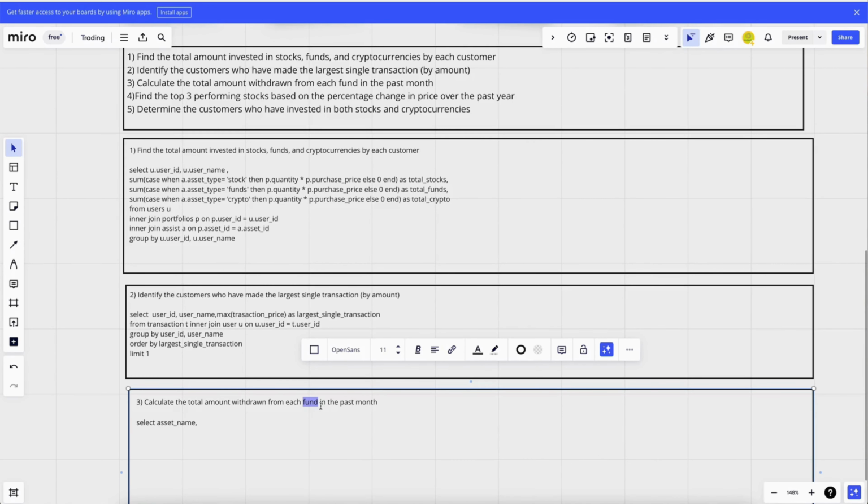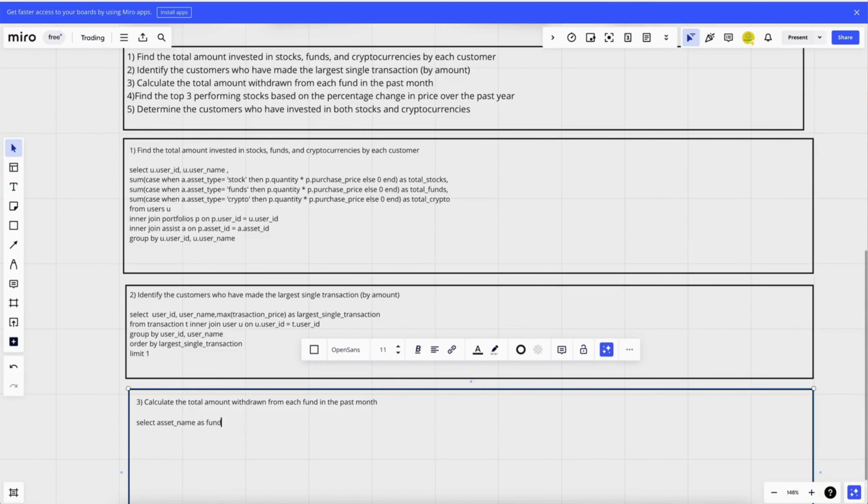Once we get some clarification from the interviewer, we can either use a hard-coded value where asset type is equal to fund, or there is no need to use any hard-coded value. We'll assume we are going to get all the assets, whatever is available, and just do a group by on that. So let's take the second approach to make sure we are covering all the assets here. So select asset name.